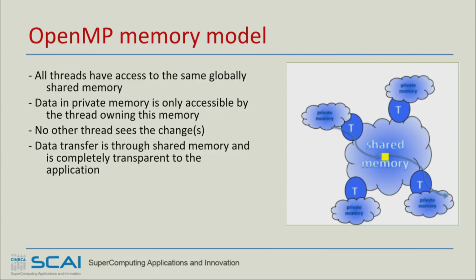The memory model of OpenMP consists of the fact that you have, as I showed you in the previous slide, all the shared memory to which all the threads can access. And then each thread has its own private memory.